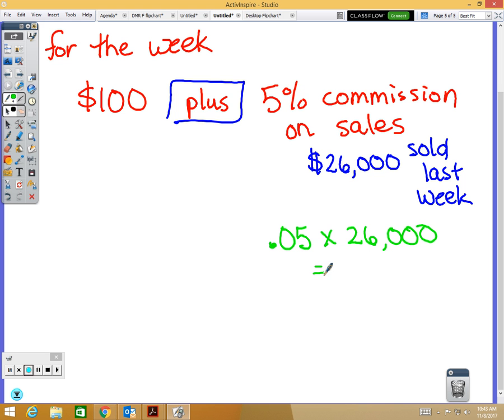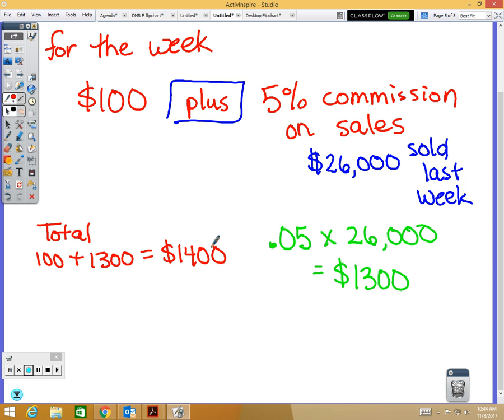So did you get 1,300? Did you get 1,300 for that? All right, so again, the salesperson made $100 plus 5% of what they sold, which was 1,300. So the total that they get would be that 100 plus the 1,300, which would, yes, be $1,400.